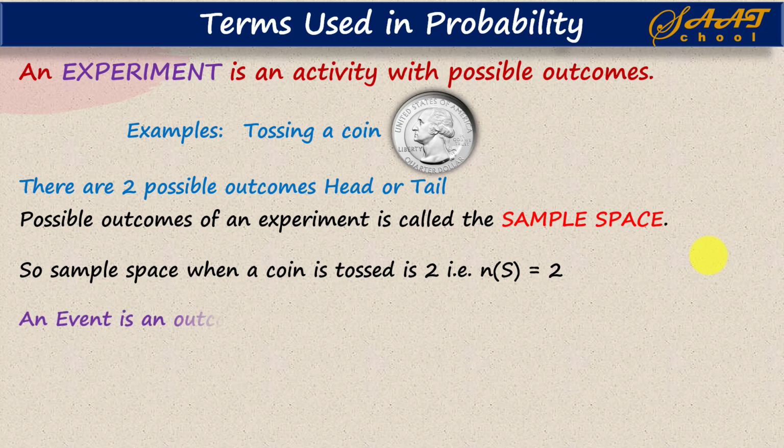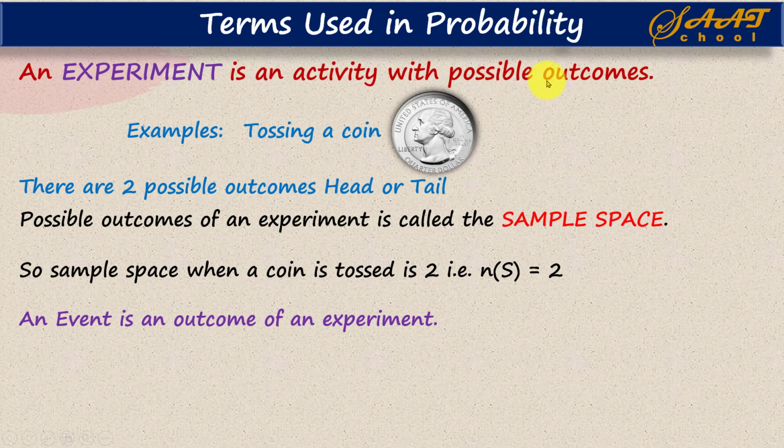The next term used in probability is an event. Now what is an event? An event is simply an outcome of an experiment. As we discussed earlier, an experiment is an activity, and that activity always gives some possible outcomes.